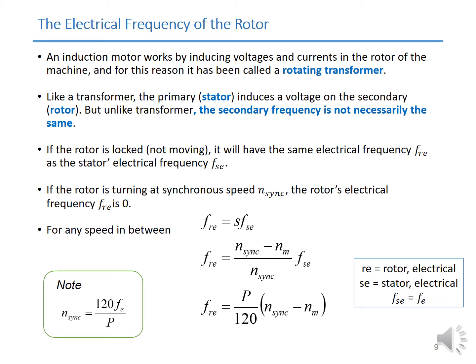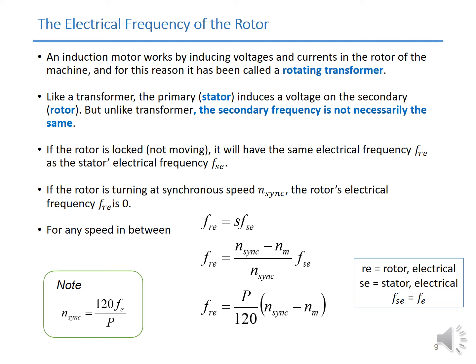Now if the rotor is rotating at the synchronous speed n_sync, then the rotor's electrical frequency f_re will be 0. So these are the two extremes: you have the same frequency or 0.